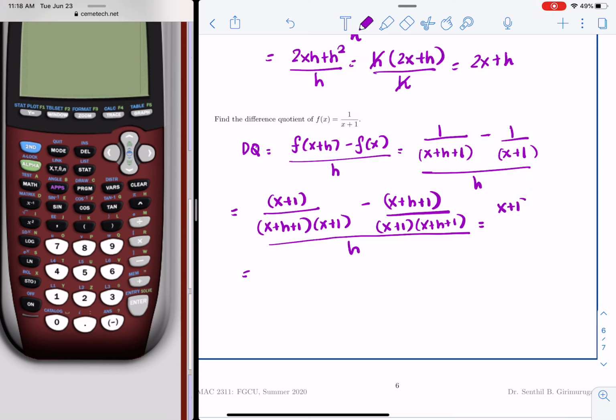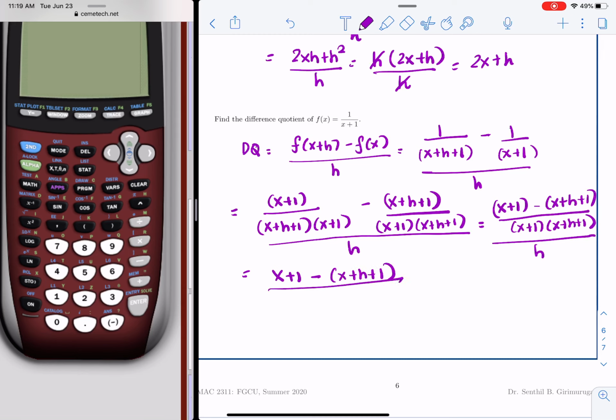So I have x plus 1 minus x plus h plus 1 divided by x plus 1 times x plus h plus 1 divided by h. If you flip and multiply, we'd simply have x plus 1 minus x plus h plus 1 divided by h times x plus 1 times x plus h plus 1.